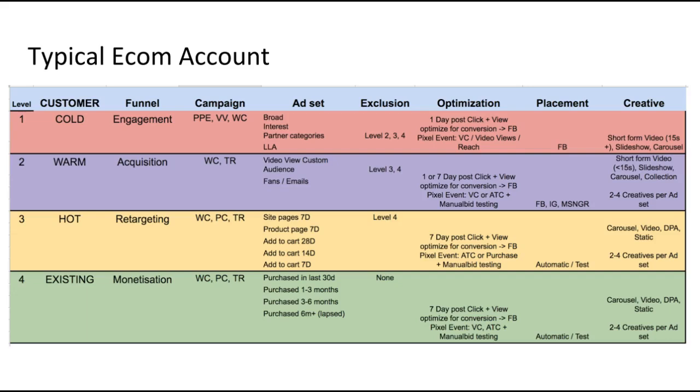The 3 key campaigns that I'm playing with here are page post engagement, video views, and website conversion. I see a lot of e-commerce Facebook marketers using website conversion, maybe overlooking page post engagement, video views, etc. That for me is a big failure, because the audiences that you're playing with, whether they're in the hundreds of thousands or tens of thousands or millions, are made up of multiple different people who are in different buying states and buying cycles.